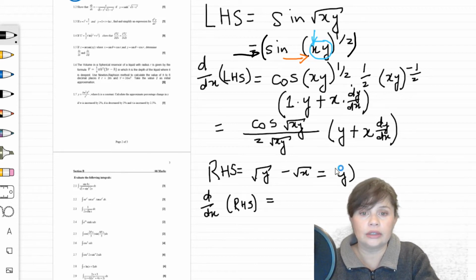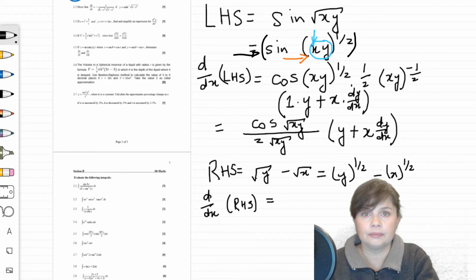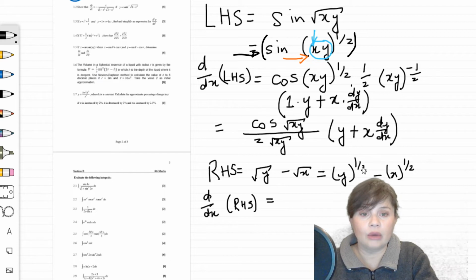So that's y to the power half minus x to the power half. Okay? So here we have a base of y and a power of a half, which means we're looking at power rule. So that's going to be a half y, the half minus 1, which means it is minus a half.